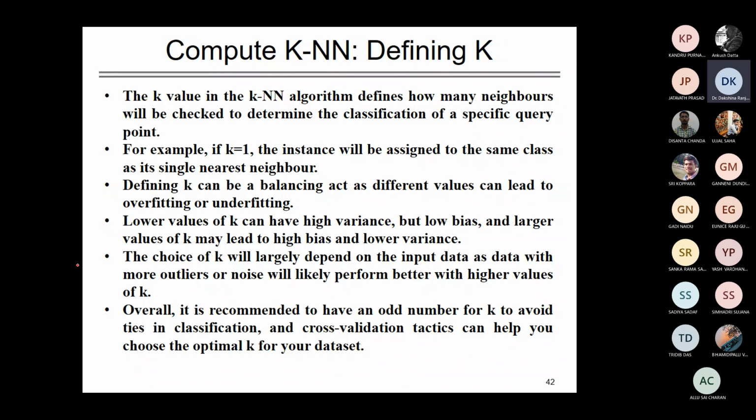That means if the k nearest neighbor model is very simple but the data set is complex, then we will get the underfitting problem. In that case the bias will be more. For larger values of k, we will get high bias and lower variance.